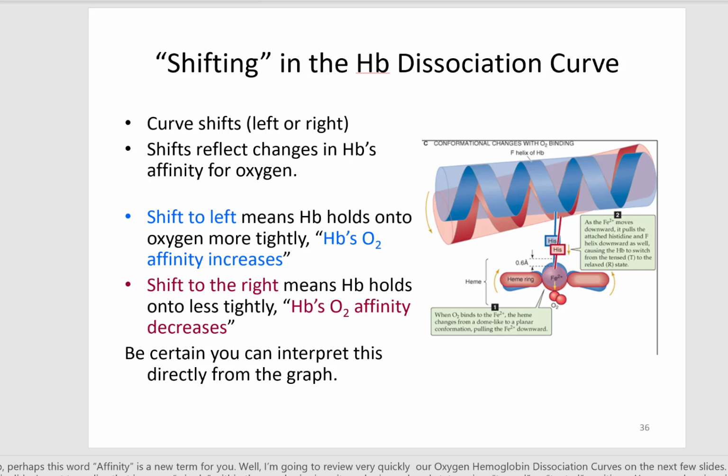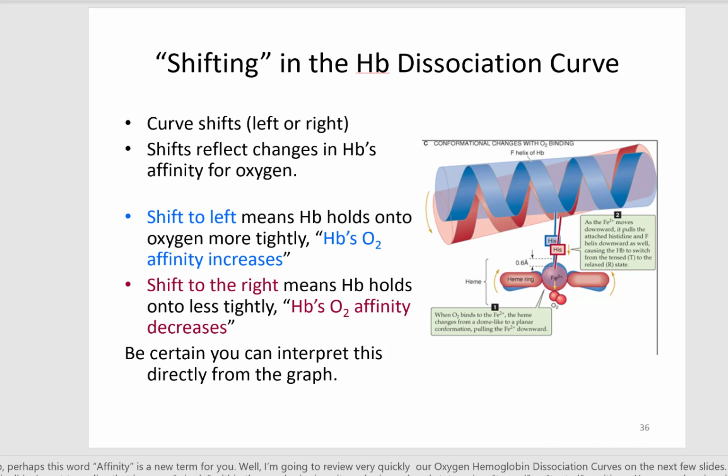On the next few slides, we're going to delve into more of this allosterism, these allosteric interactions. And I'll be talking about shifting in the hemoglobin oxyhemoglobin dissociation curve. These curves can shift either to the left or right. They still will maintain their S-shaped appearance, but the slope will shift either to the left or right.